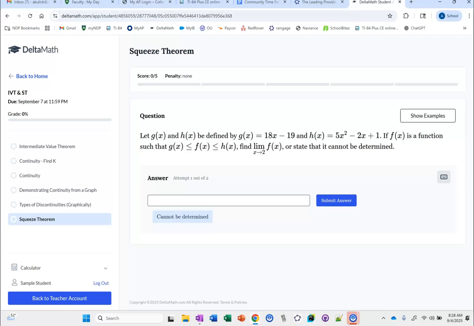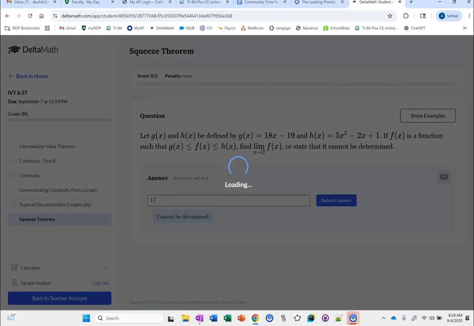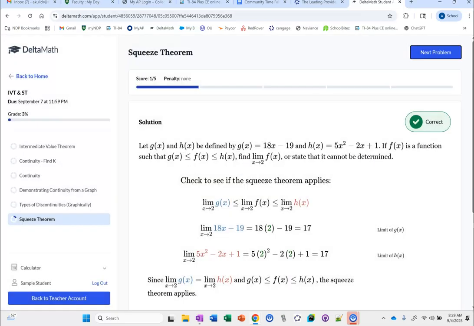If I plug 2 into this, I get 36 minus 19, so 17. And then I have 20 minus 4, that's 16, plus 1, 17. So they both matched, and I'm good. If they don't match, you just say cannot be determined.